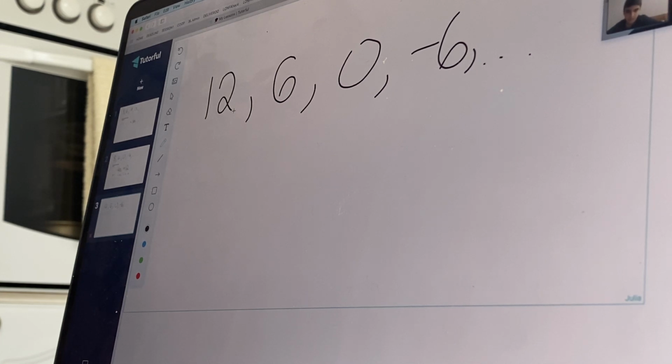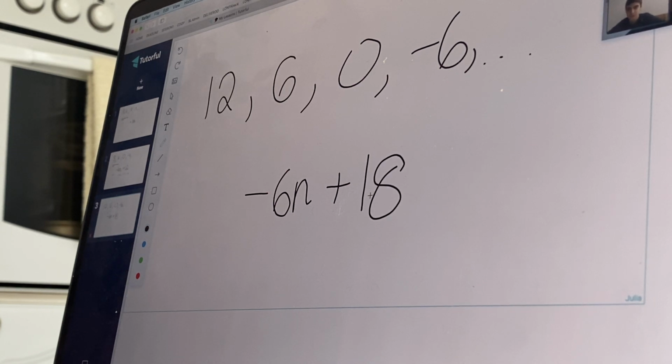How would you work out the nth term? The starting point is 18. So how do you combine them to make the nth term? Minus 6n, good. And then add 18. Yeah, add 18.